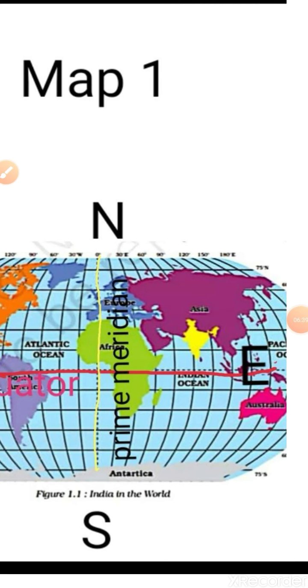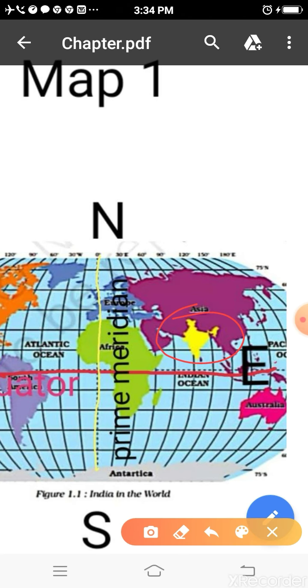Now, if you observe India, India is here. If you see from the prime meridian, it is on the eastern side. And if you observe from the equator, it is found in the northern hemisphere.